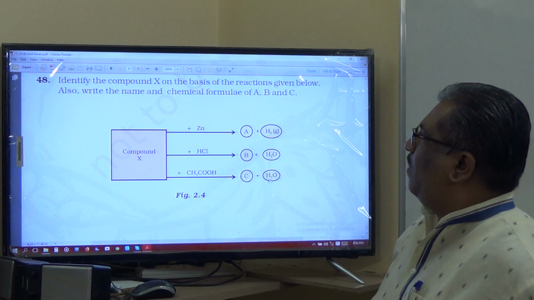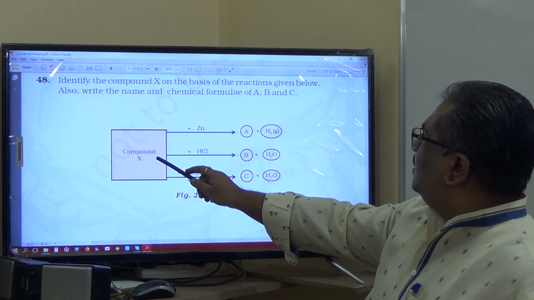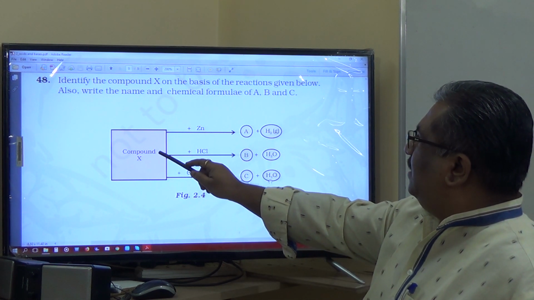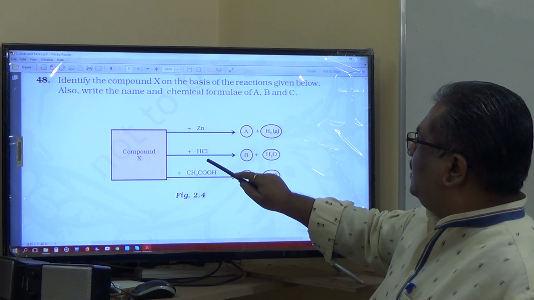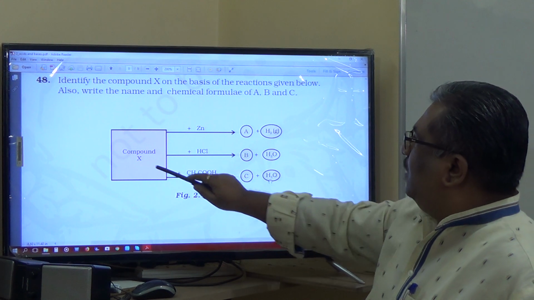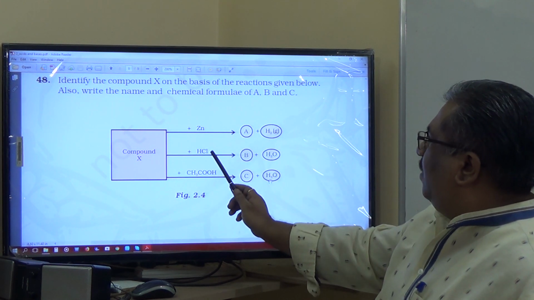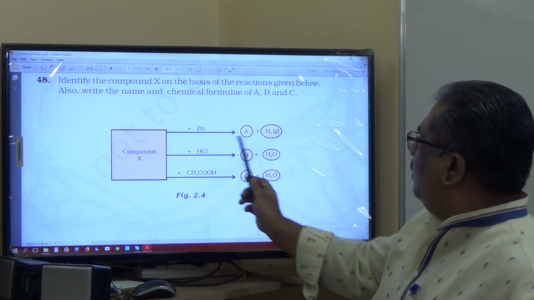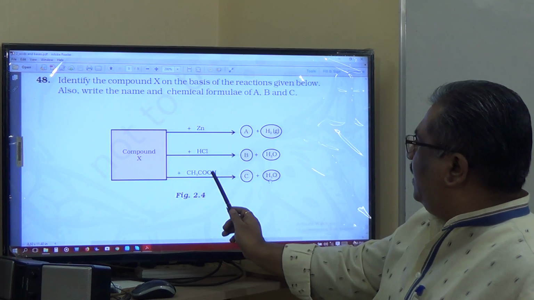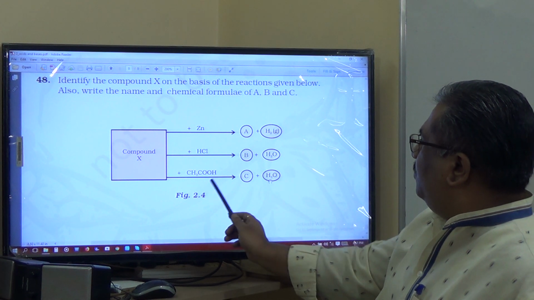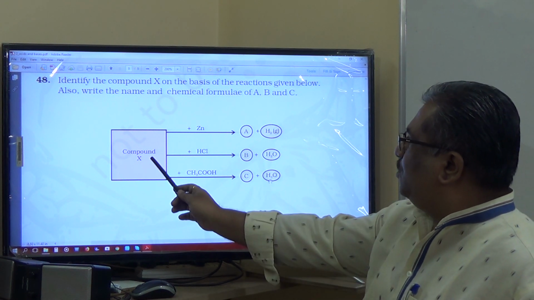Okay, let us try. Compound X plus HCl, no, plus CH3COOH gives water, so it must be a base here, because acid and base will give you water.